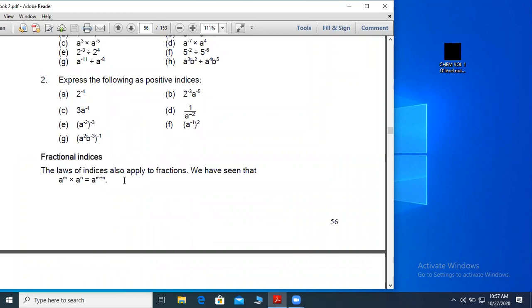If there is no question, then let us also introduce fractional indices. We still remember our rule that if we have a to power m times a to power n, the base is the same, it is a, so we shall add the powers. And the answer here is a to power m plus n.